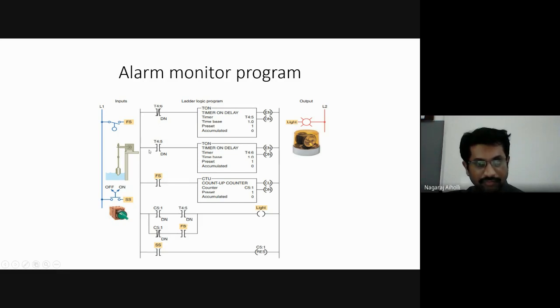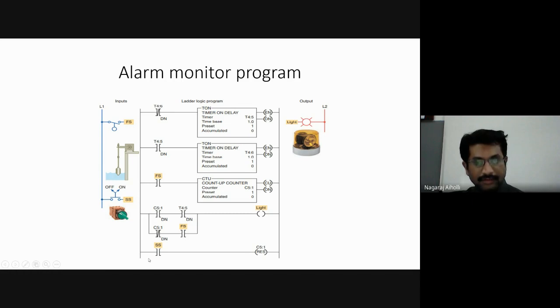Then this float sensor, if it has not reached a particular level, is 0. So this entire rung becomes false, and the light will be turned off. The light turning off indicates that the tank is yet to be filled and has not reached the limit. Once it reaches the limit, only then will this float sensor be turned on, or pressed.